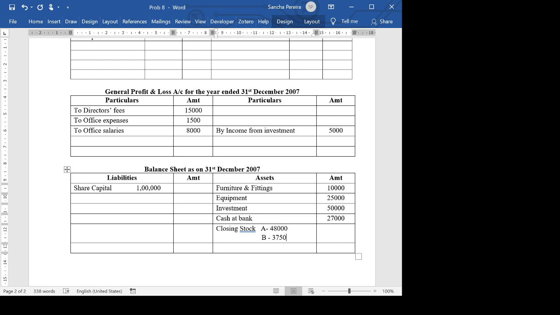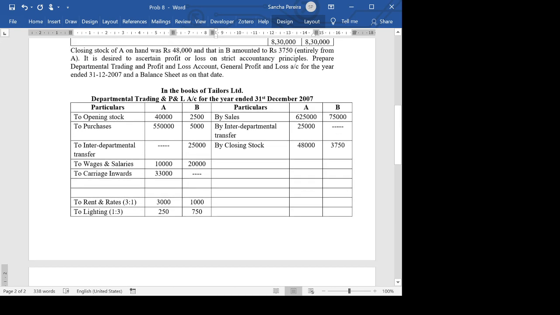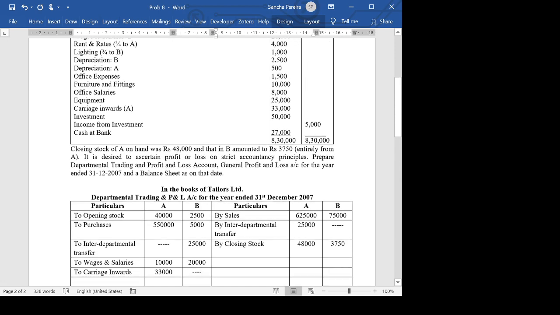If you remember when we had discussed, stock reserve also has to be deducted from closing stock in the balance sheet. In the previous problem I discussed it. Why didn't I deduct it in the previous problem? Because we didn't do the balance sheet in the previous problem. So now let's total this.